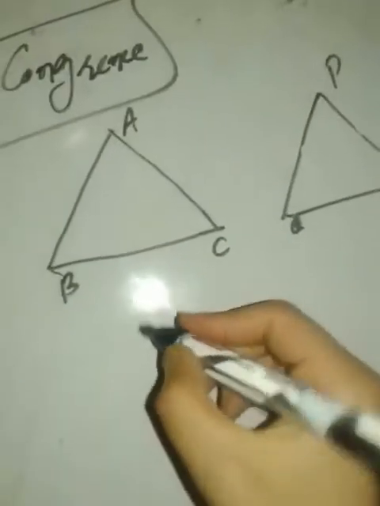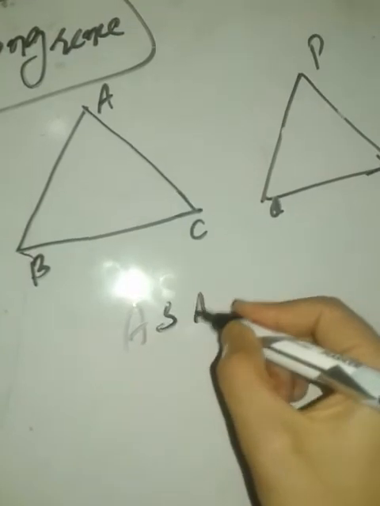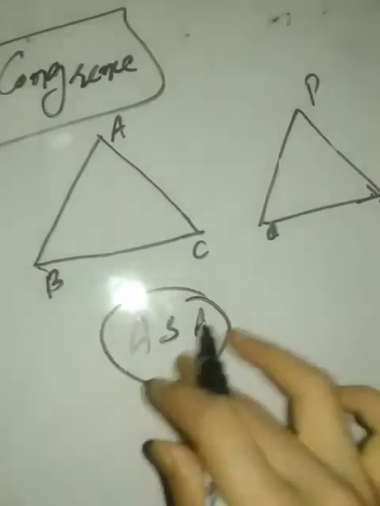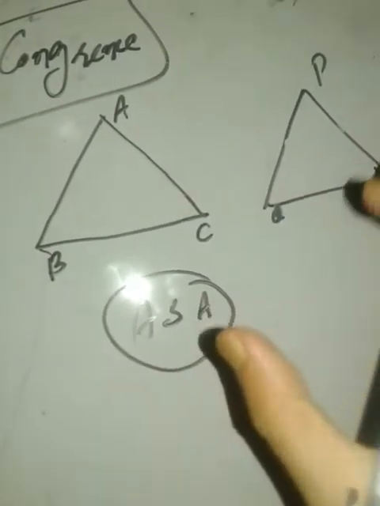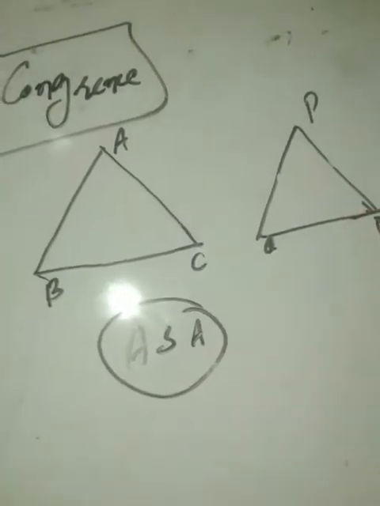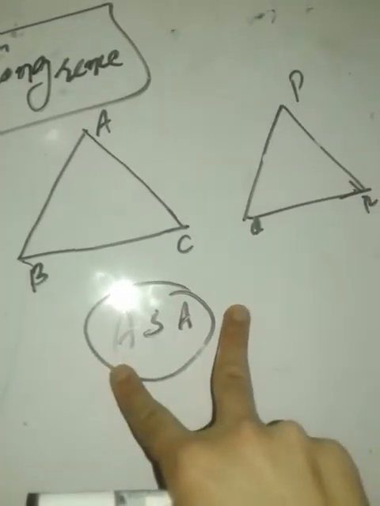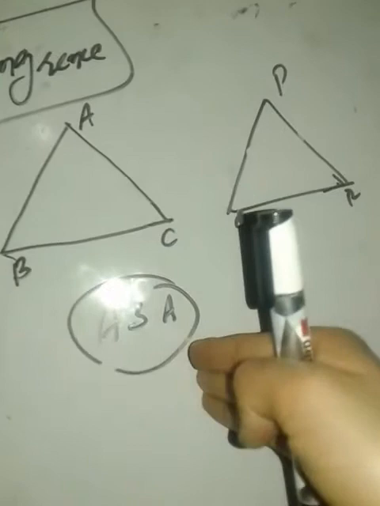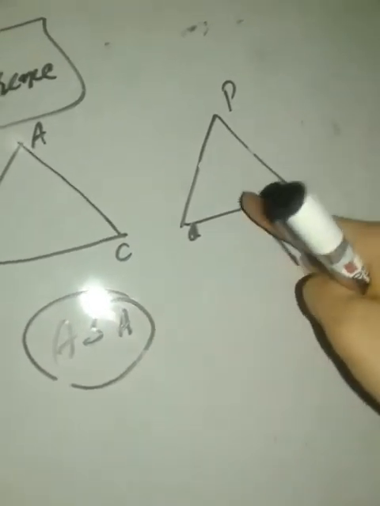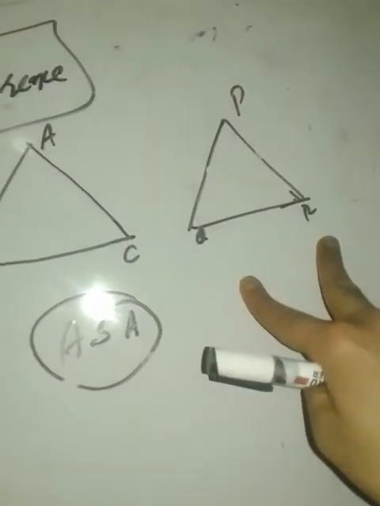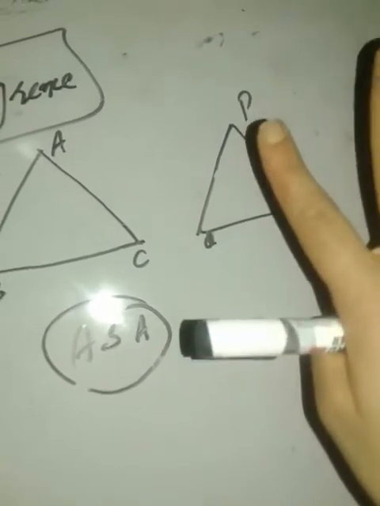One rule is ASA. It states that if two angles and the included side of one triangle are equal to two angles and the included side of another triangle, then the triangles are congruent.